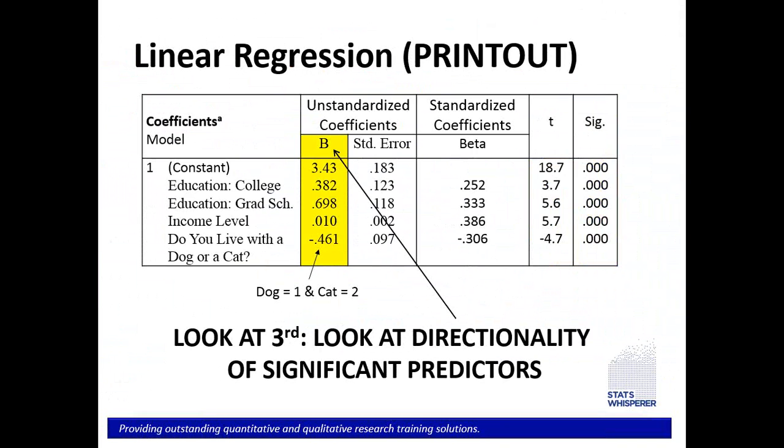So when we look at college and graduate school and we see a significant, that's significant in terms of the reference group. So what it's saying is, there's no minus signs here. So that's a positive, meaning more relationship. So those with an education level of college have significantly, right, more, positive direction, more happiness in reference to the reference group, those with a high school level education.